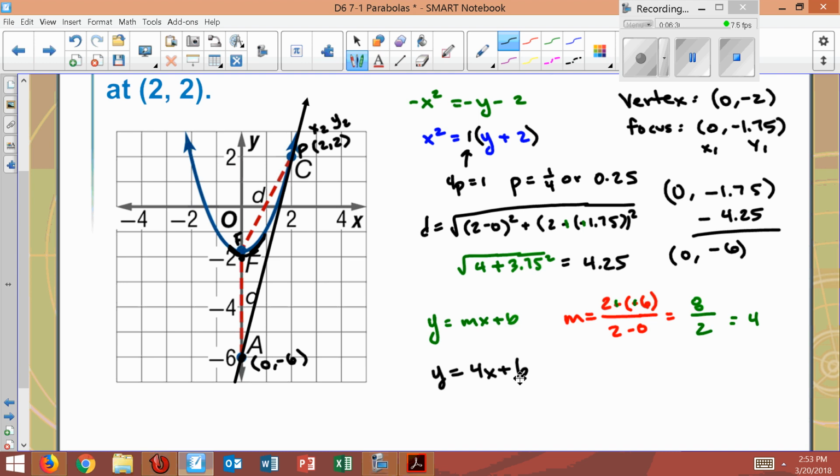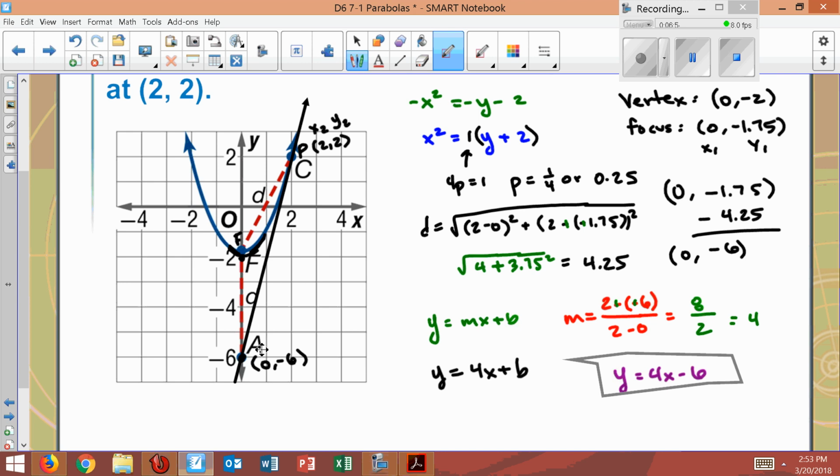Then to find the b, you can look here and see that it hits at -6. So since we know it's going to be -6, I'll go ahead and write my answer. It's 4x minus 6. But let's say they could not see where it's crossing the y-axis. What you would do is plug in any other point. So you have an x and y at (2, 2).